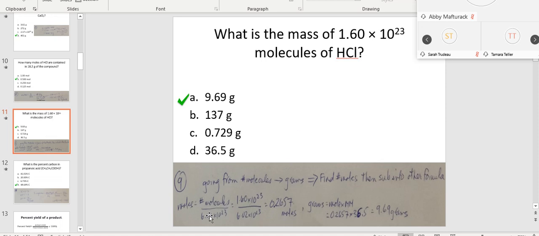Here, number of moles is number of molecules divided by Avogadro's number. We get 0.2657. Then we substitute that 0.2657 into the other formula, multiply by the molar mass, and we get this in grams.